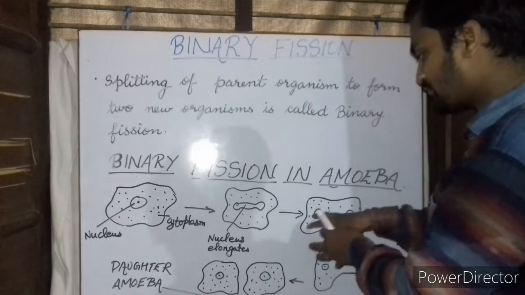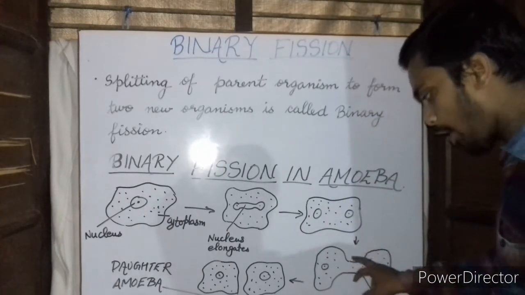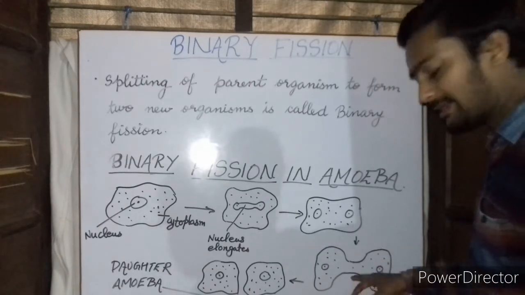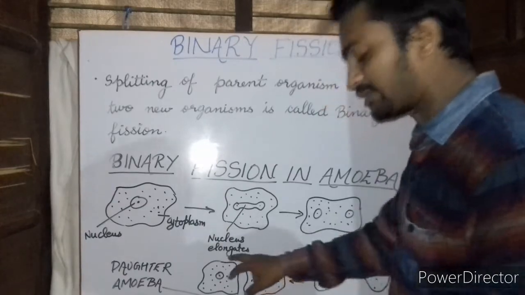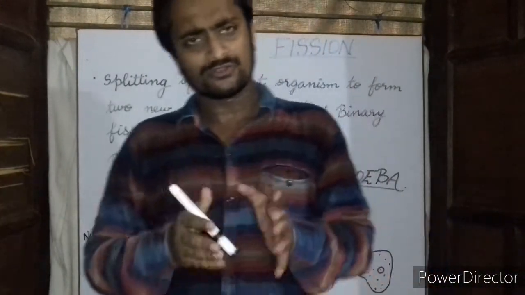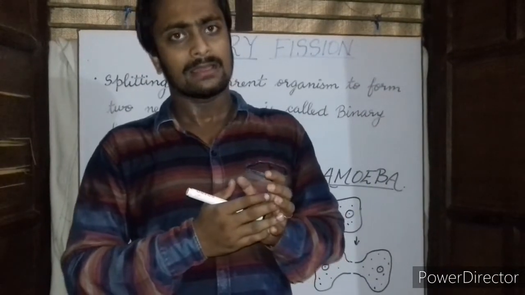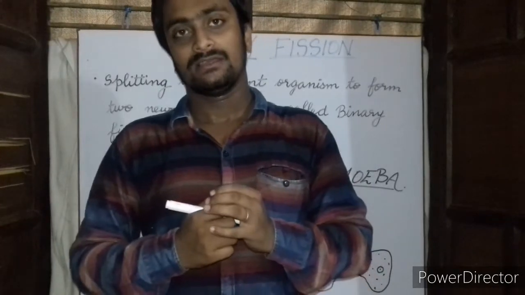Now, after the formation of these two daughter nuclei, the elongation of the cytoplasm of the amoeba takes place, which breaks down to form two daughter organisms or two daughter amoebae.